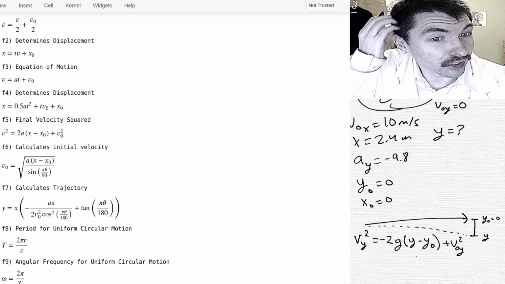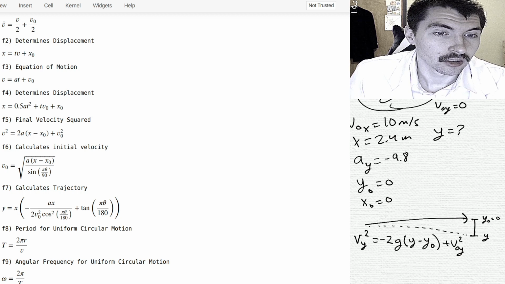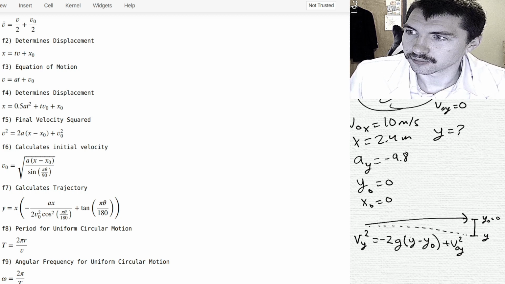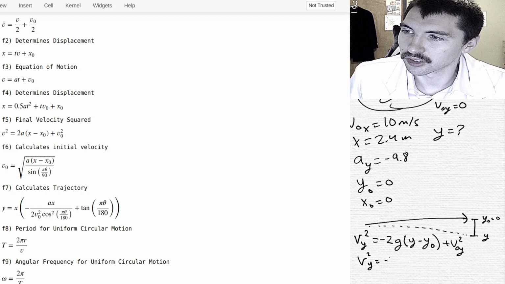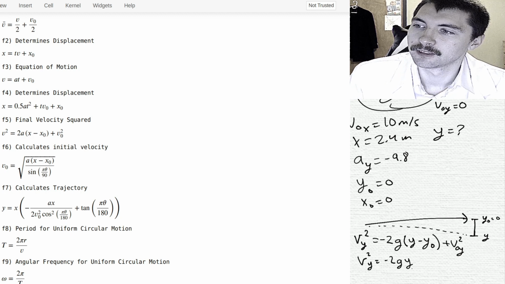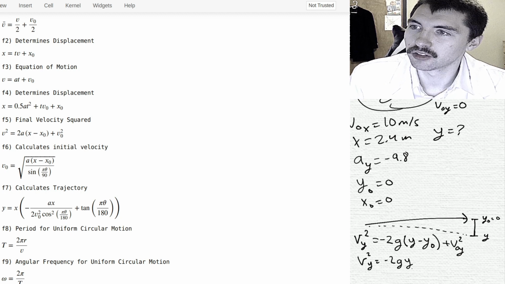So how can we find final velocity? I know this is 0. Okay, so we know it's negative 2 gravity y. So y naught is 0.